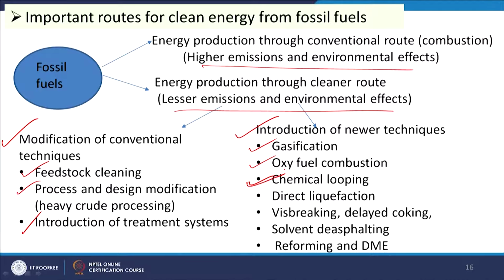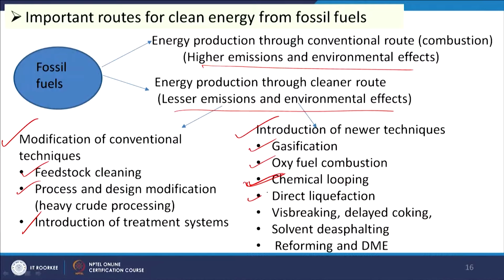This is the chemical looping system. It also helps by reducing the use of air or nitrogen. So, flue gas volume will be less and carbon dioxide concentration will be higher. This is the beauty of chemical looping.